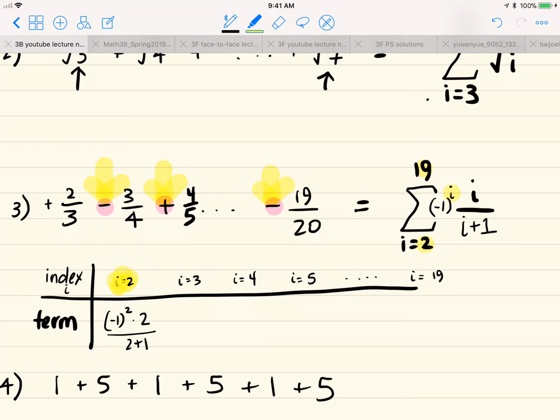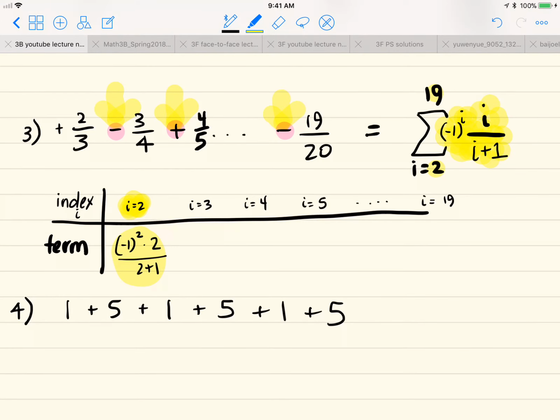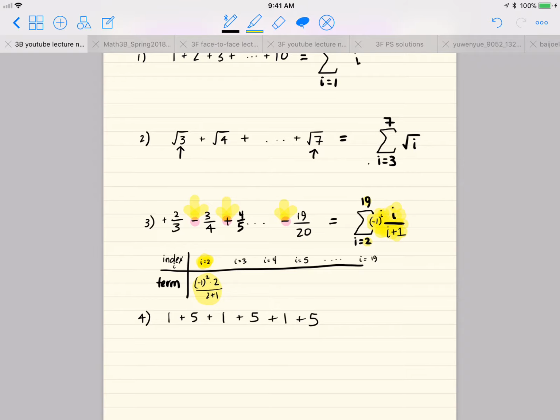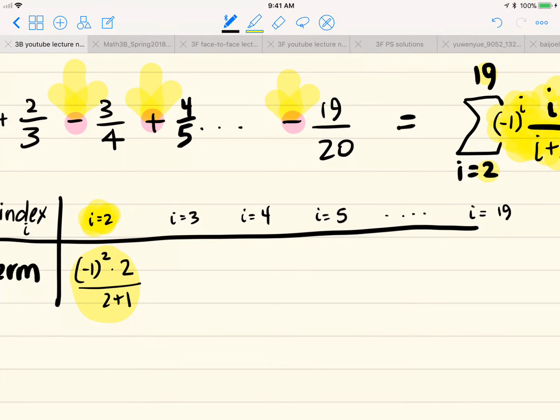So with my formula, negative 1 to the i times i over i plus 1, for i equals 2 the negative 1 squared is just positive 1, so this is equal to 2 over 3, which is what I wanted.